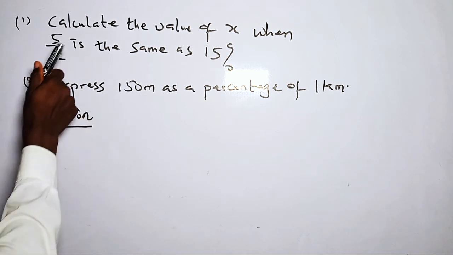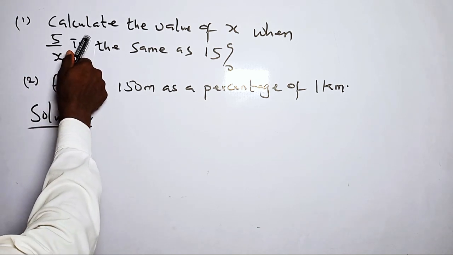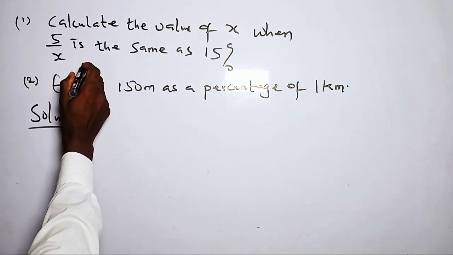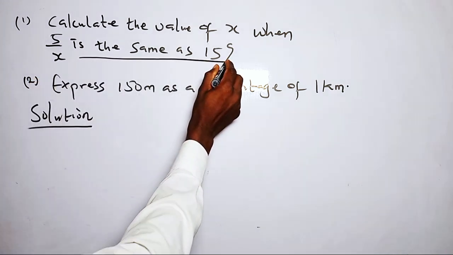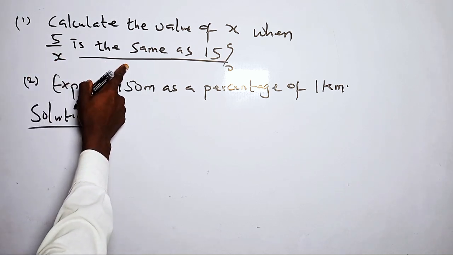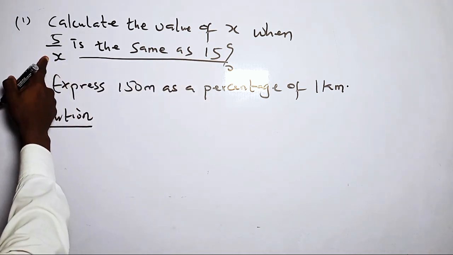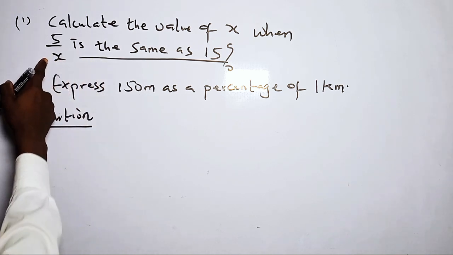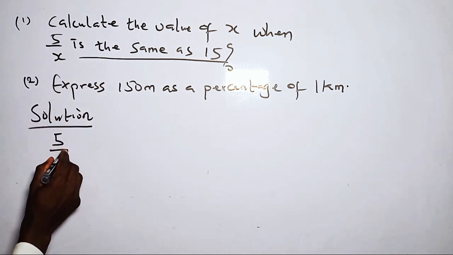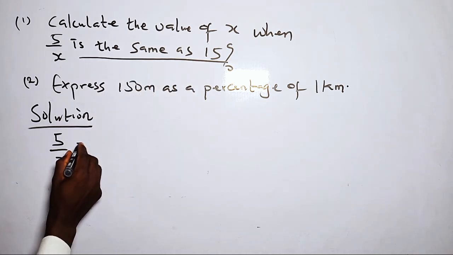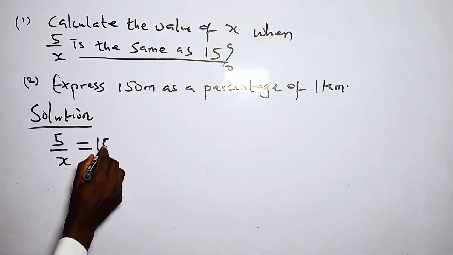So the question says calculate the value of x when 5 over x is the same as 15%. So let us interpret this in a mathematical statement. We have 5 over x equals 15%.